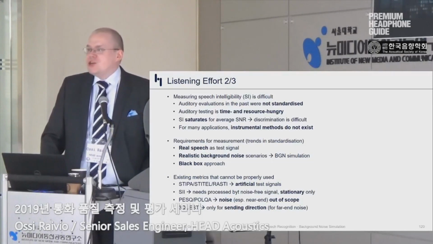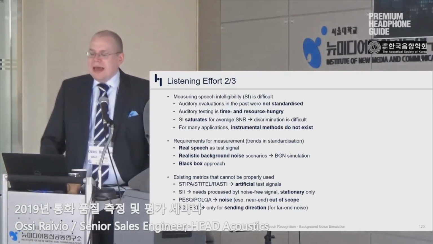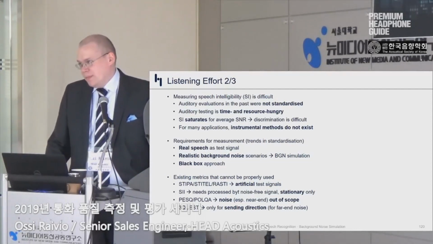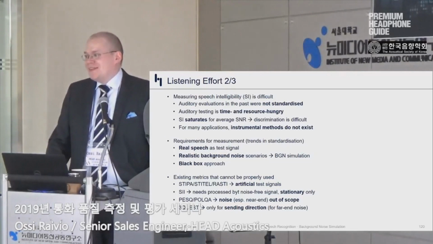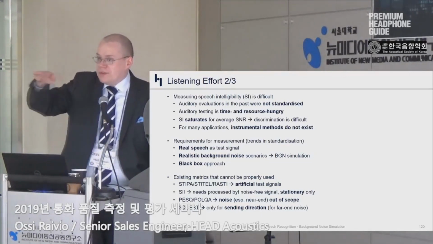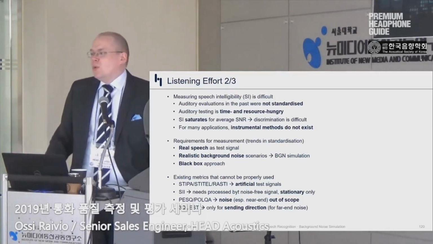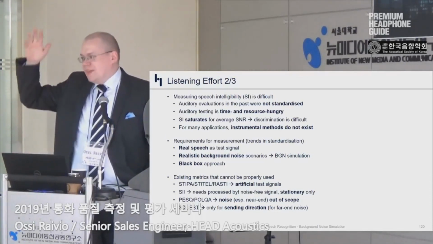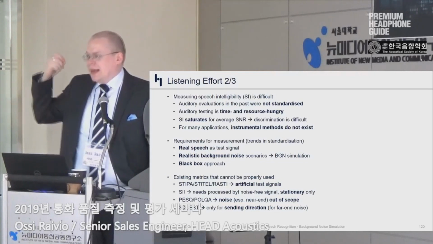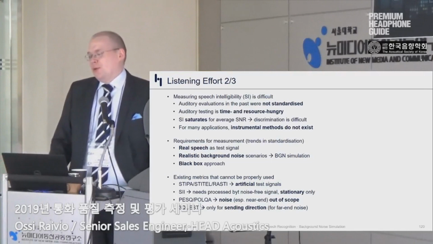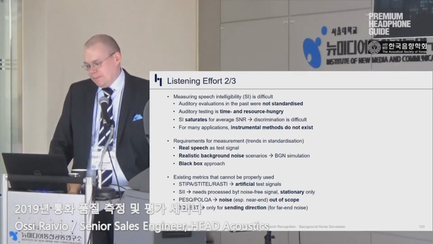SII, Speech Intelligibility Index, is otherwise okay, but it requires a stationary background noise. So you could use SII in a car because the car noise is very stable, but if you want to measure with a background noise that is varying a lot, like a cafeteria noise or roadside noise, you're going to end up with problems with SII.